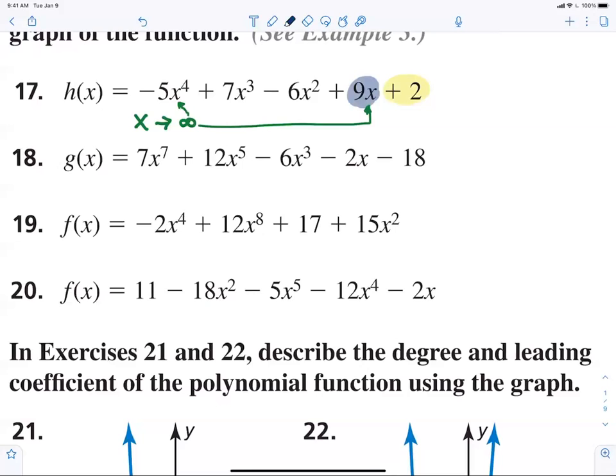And the same principle for the square. Think about if you square 1,000 and then you raise 1,000 to the 4th power. 1,000 to the 4th is way bigger than 1,000 squared.